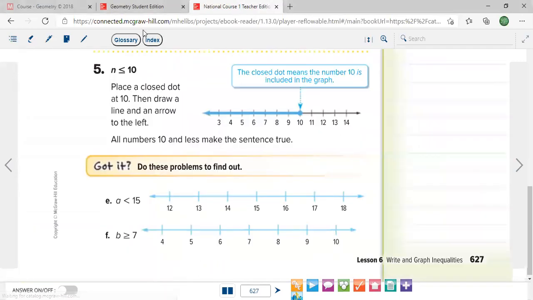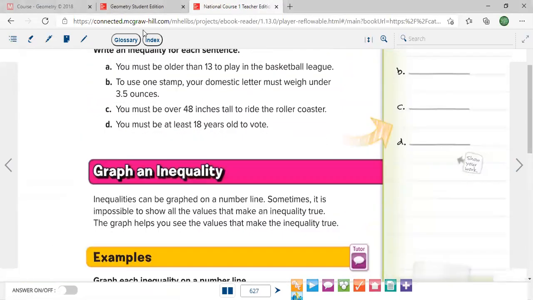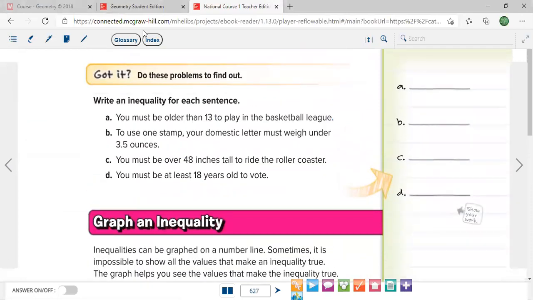Now, let's move to solve some problems. Write an inequality for each sentence. A: you must be older than 13 to play in the basketball league. Older than 13 means more than. So we can say that A is greater than 13 such that A equals your age.